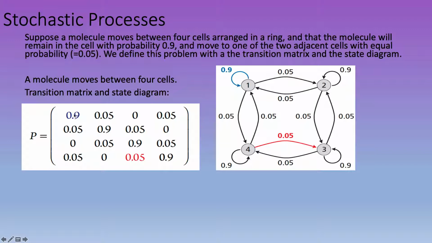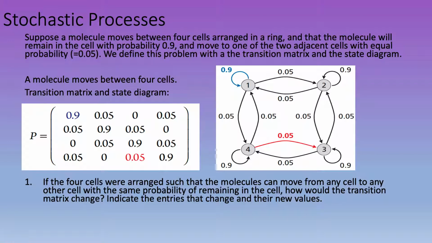So if I am in position 1, the probability of going from position 1 to position 2, the P12 probability, is 0.05. The probability of going from P1 to P3 is 0. It's an impossibility. And the probability of going from P1 to P4, the P14 probability, is 0.05. And thus you could fill out this entire matrix and propagate all the values.